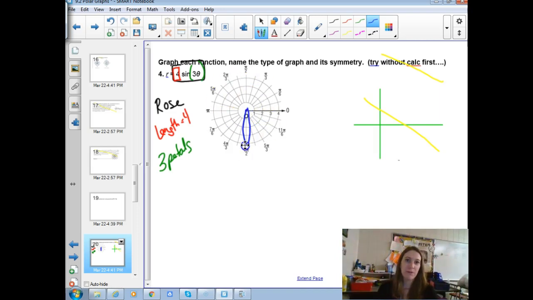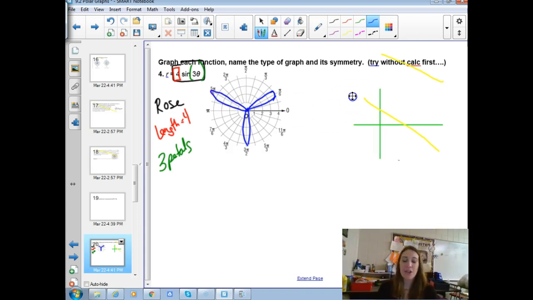So if you think about a 360 having 3 petals, I know it's not 360, it's radians, but whatever, that's 60 degrees. If I travel 60 degrees away from where I graphed that first petal, that brings me right here, pi over 6. The petal's too long, try again. And then up here at 5 pi over 6.